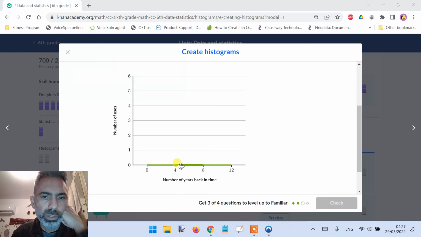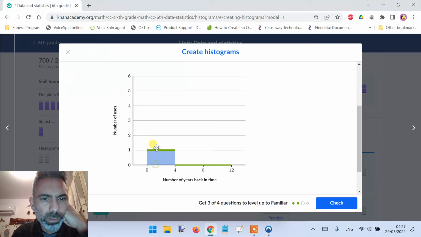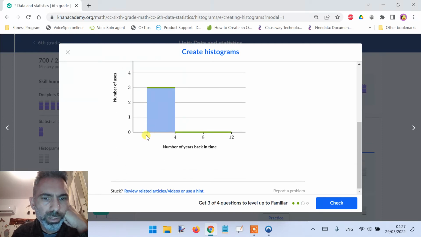So between 0 and 4. So we have this usage, 1, 2, 3. For 3 times she used the time machine, she went between 0 and 4.